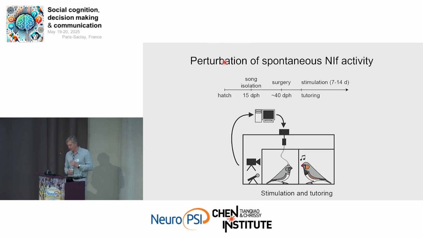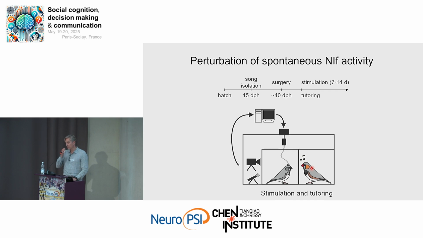So we had juvenile birds. We had them grow up in a box while they're hooked up to a cable. And for 2 hours per day, we presented a tutor. We always did that when the bird was already being stimulated, but they were never stimulated during either the juvenile bird singing or the tutor singing.